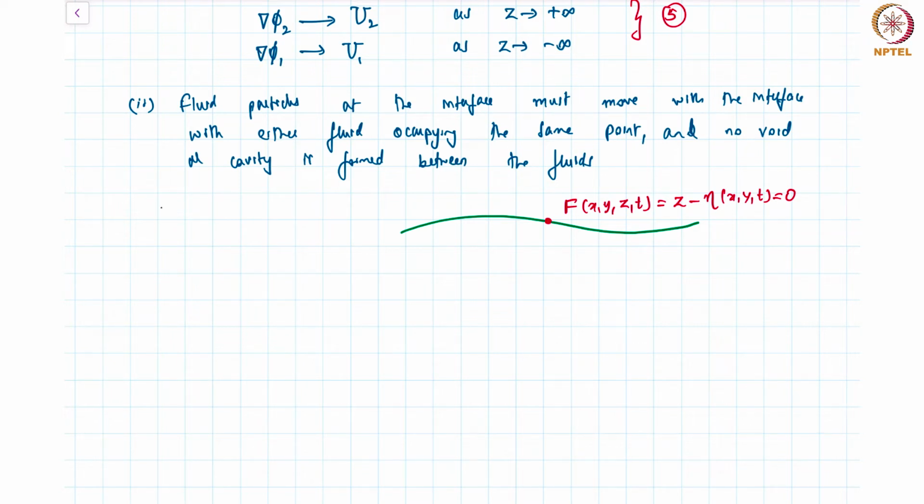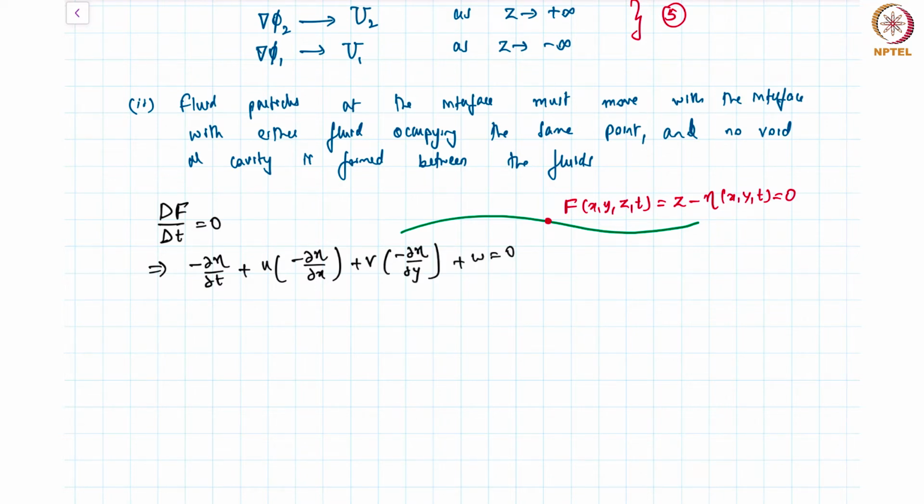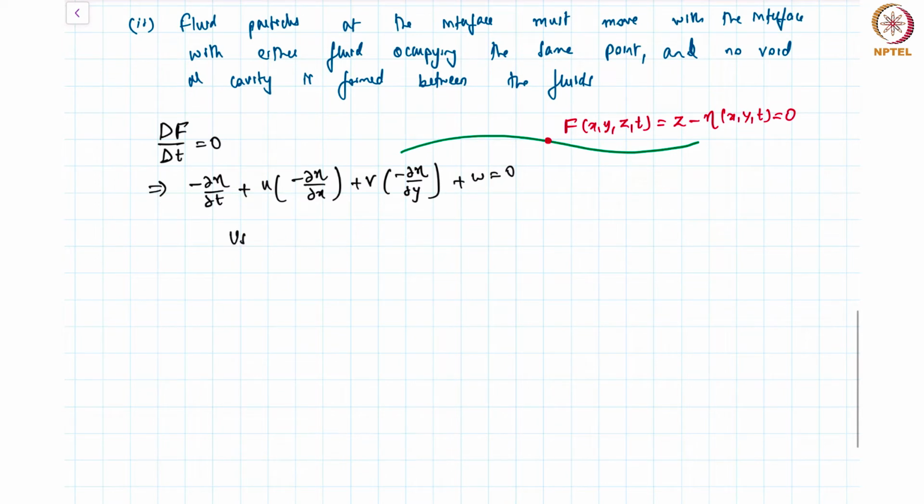that df by dt is 0, and if I use the chain rule, I simply get minus d eta by dt plus u times minus d eta by dx plus v times minus d eta by dy plus w times 1 equals 0.